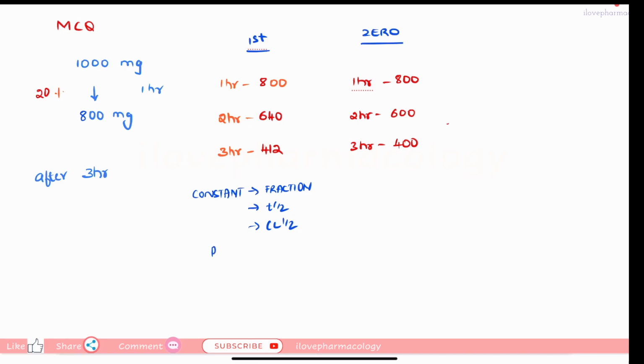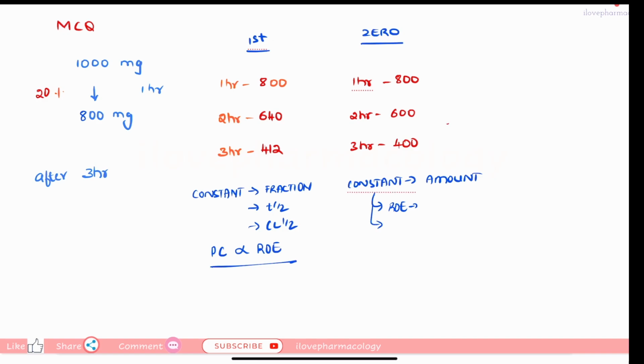Only the plasma concentration is proportional to the rate of elimination; the rate of elimination is proportional to the plasma concentration. Whereas in zero order, the constant is the amount. The amount is constant, and the rate of elimination remains constant.